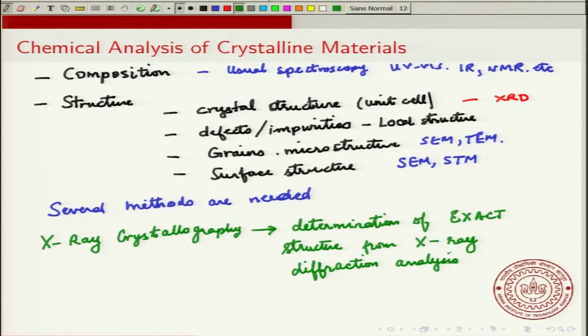This is what is meant by X-ray crystallography, and it is one of the most accurate and most reliable methods that is used.